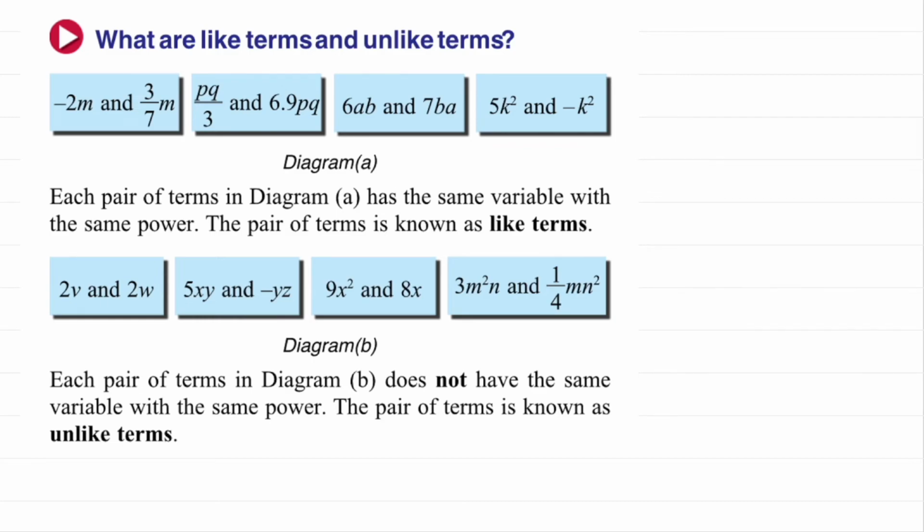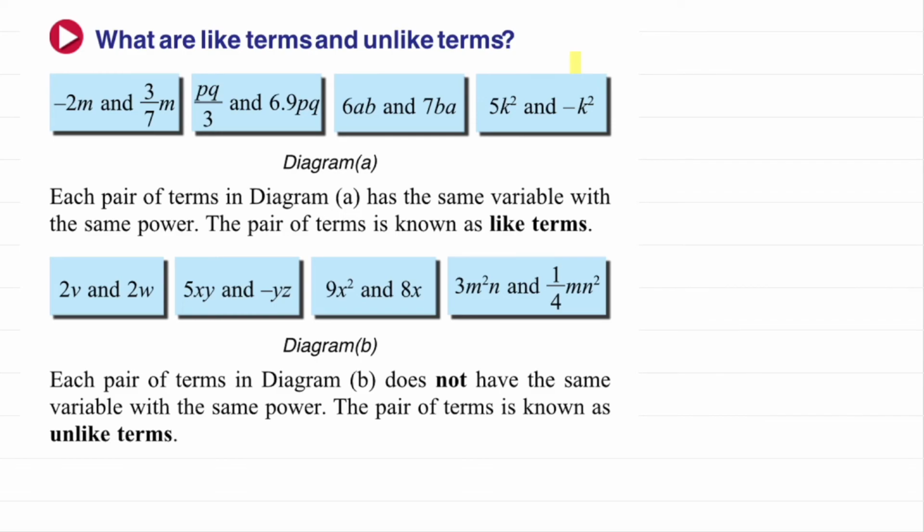Now, what are like terms and unlike terms? Ada dua diagram kat sini. Kamu tengok diagram A tu. Dia akan bagi 2M, negatif 2M, 3/7M, PQ over 3, 6.9 PQ, 6AB, 7BA, 5K square and negative K square. So, apakah persamaan di antara kesemua ni?